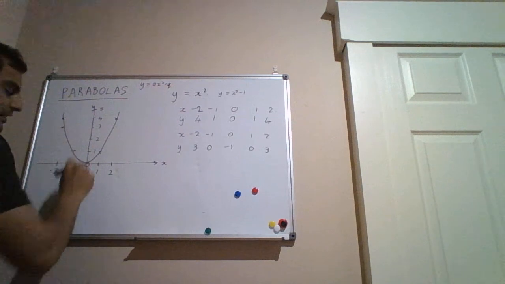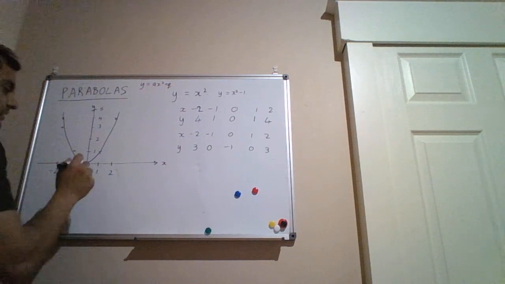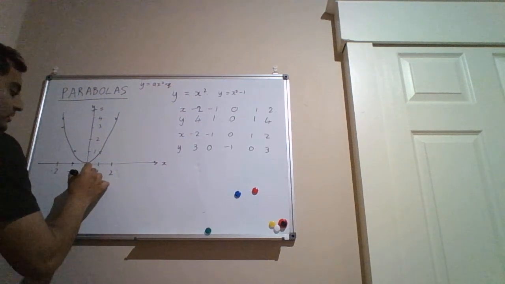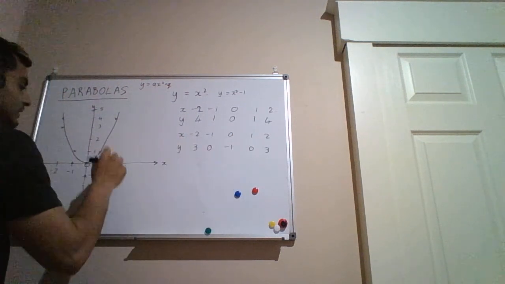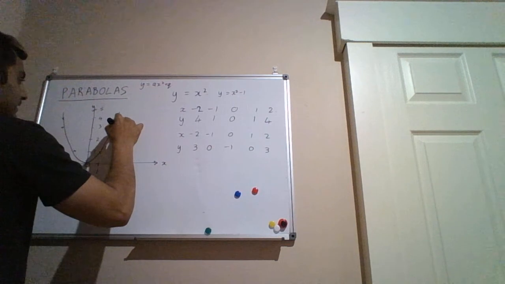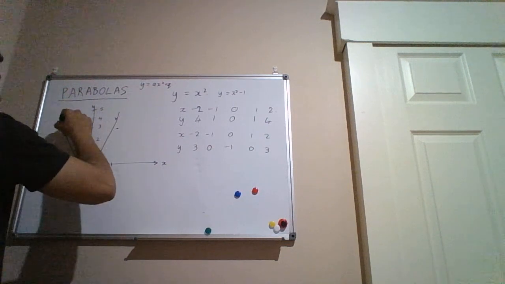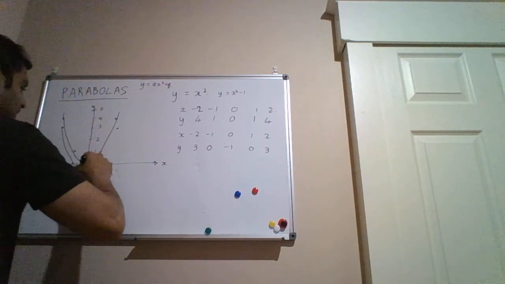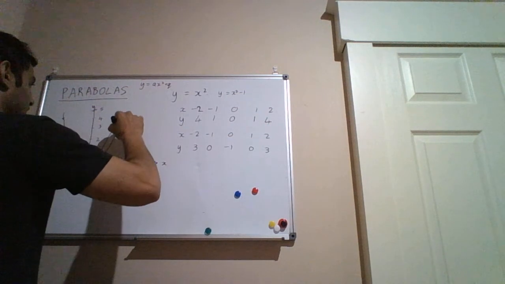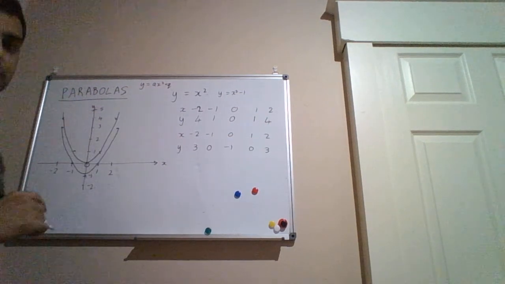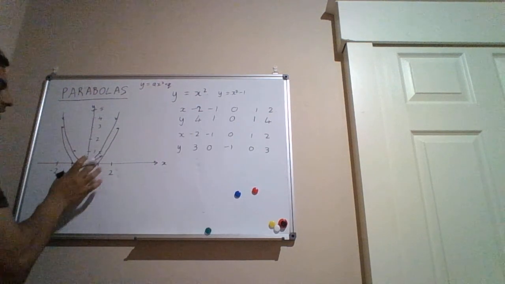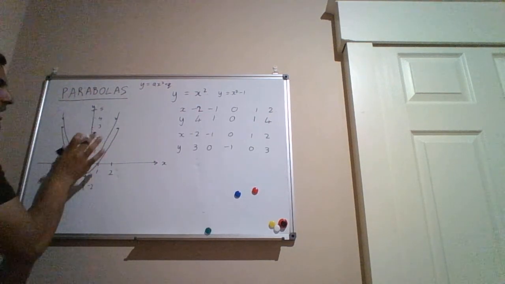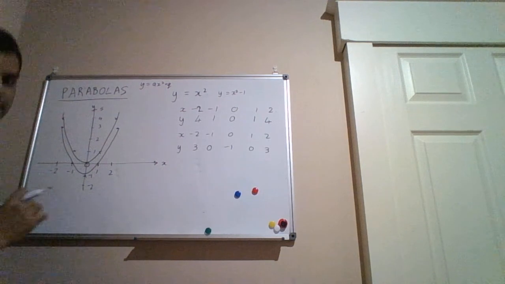So 0 for x is along the y-axis, and then y equals minus 1. Next, 1 and 0, and 2 and 3 again. Okay, so this second parabola has exactly the same shape as the first parabola. It's just that everything has been moved 1 down.